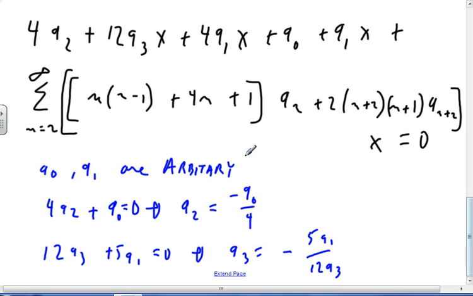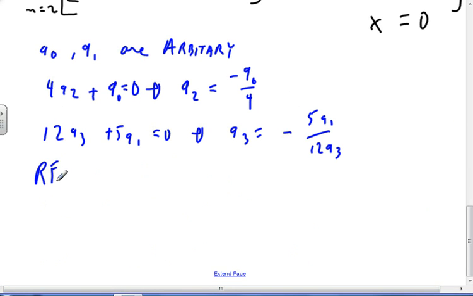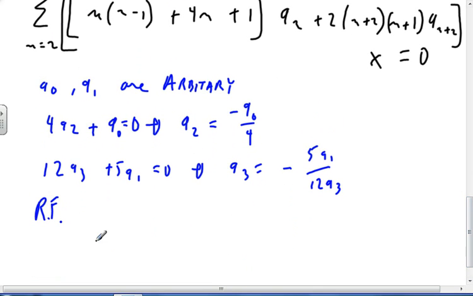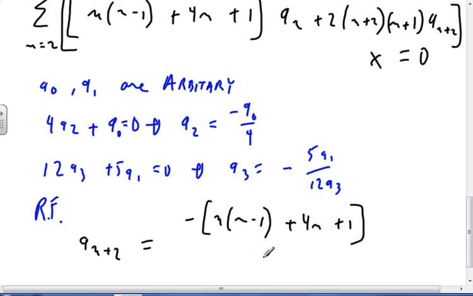And then from this equation I have a recurrence formula, and the recurrence formula, assuming that I can write it down and see it at the same time, is going to be a n plus 2 is going to equal minus n minus 1 plus 4n plus 1 divided by 2 n plus 2 n plus 1.